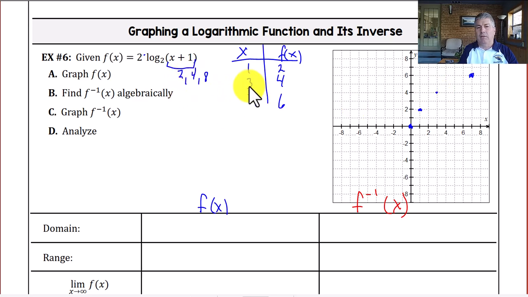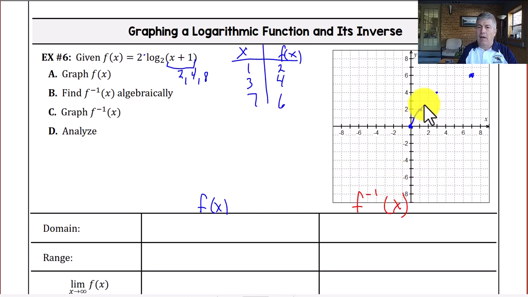And then I use x is 7, so I can get log base 2 of 8, which is 3, and 3 times 2 is 6. And so I can plot that point. And of course, if I put 0 in for x, log base 2 of 1 is 0. 0 times 2, and I get 0.